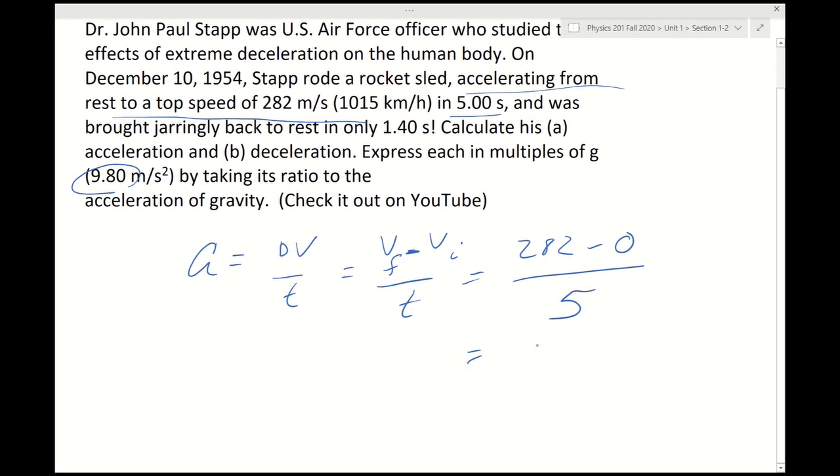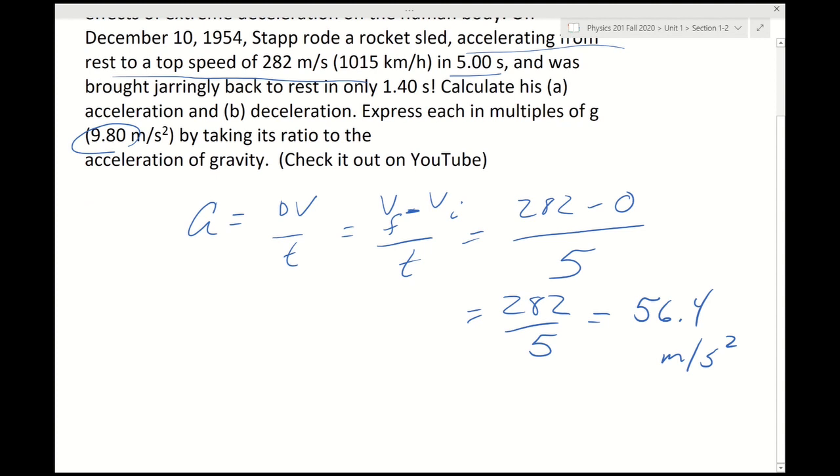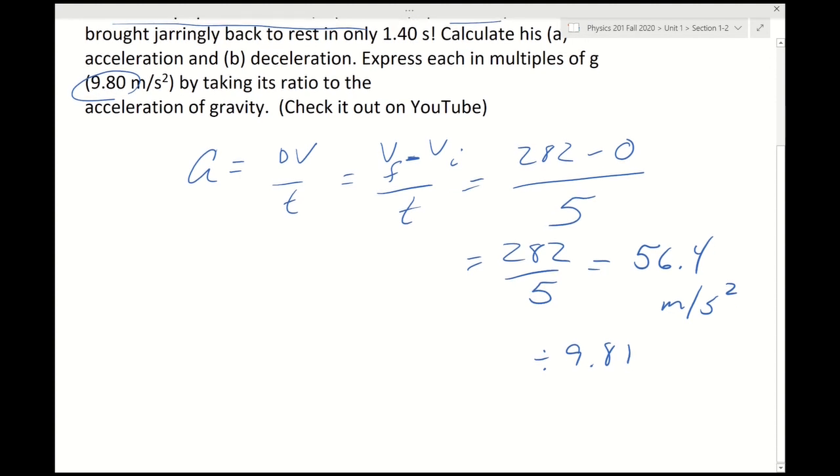So 282 divided by 5 gives me 56.4 meters per second squared. If I divide this by 9.81, I get it in terms of g, about 5.75 g.